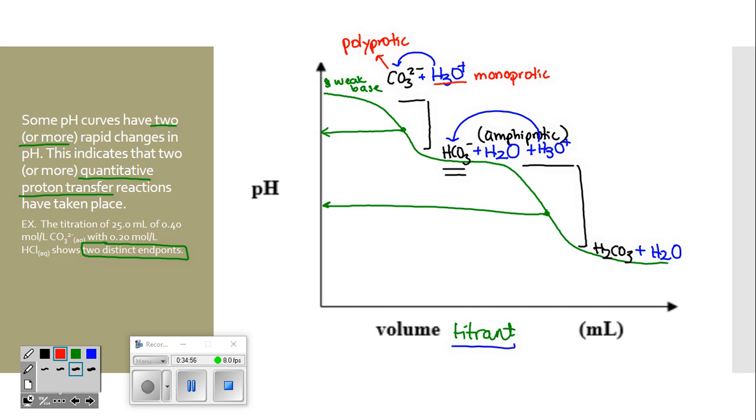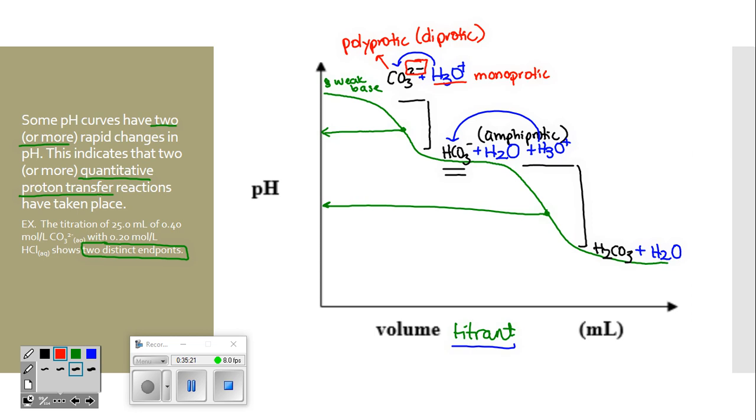Now, sometimes instead of polyprotic, we could be specific and say diprotic, because 2 was specifically the number of hydrogens it was going to accept. And you can usually tell that something is going to be polyprotic when it's a base by looking at its charge.